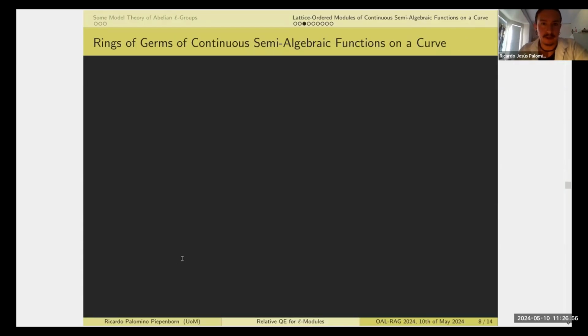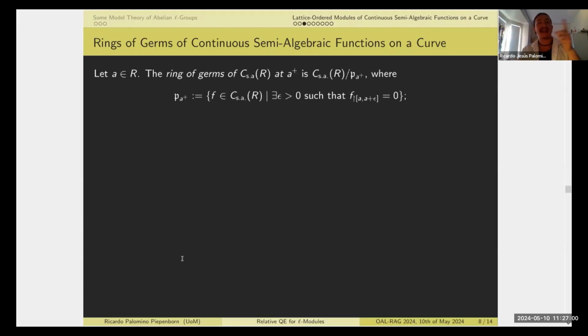Good. Okay, so I need to talk now about germs of continuous semi-algebraic functions on a curve. I will just start by working on the line, considering continuous semi-algebraic functions on R. So I pick a point on R, and we all know about the rings of germs at a point, but we also have rings of one-sided germs at a point, right?